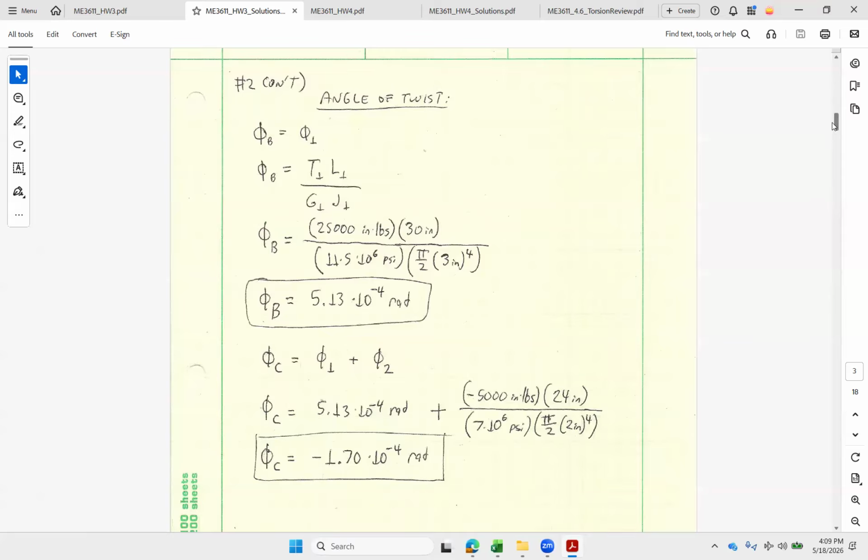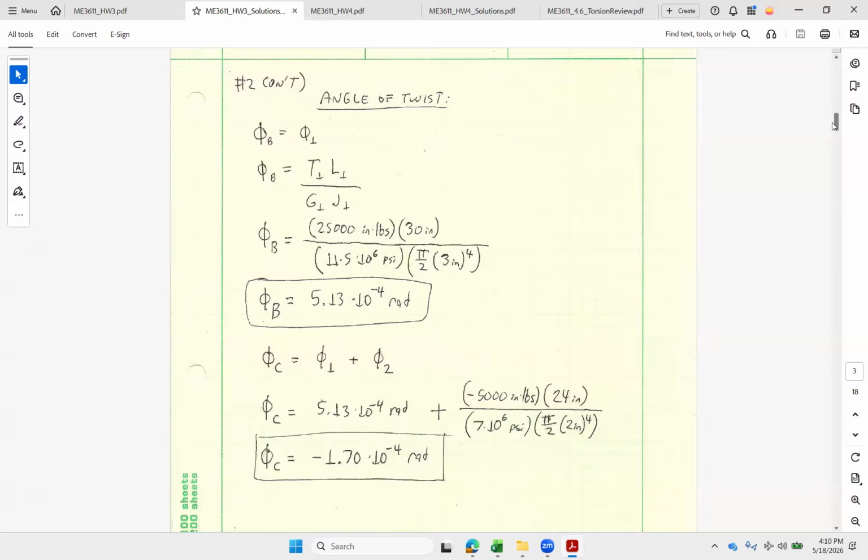For point C, we've got to incorporate both the twist from bar 1. Bar 2 is going to go along for that ride, and then bar 2 is going to twist back some. So we take the number we already got, then we add this twist for bar number 2, and we note that the net actually comes out a clockwise or negative twist at the end of that dual bar structure.